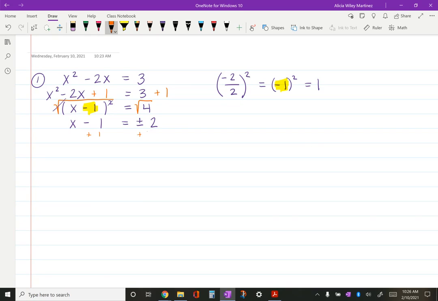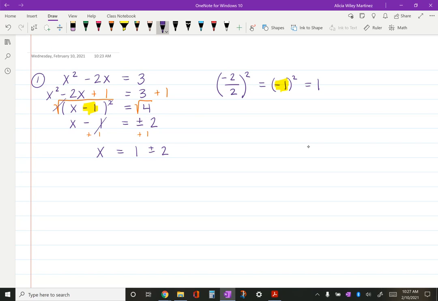The next step is to continue solving by getting x by itself. So I'm going to add 1 on both sides, leaving me with just x equals. Remember to always write the plus or minus in the middle. So that means I'm going to have a positive 1 plus or minus 2. Now you're not quite done, because this 1 plus or minus 2 represents 2 answers.